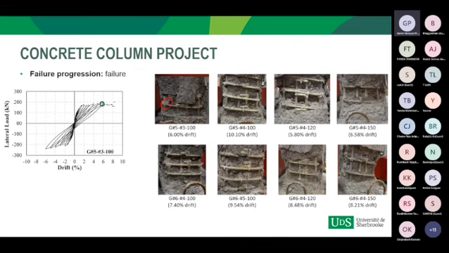As you can see, there is a loss of the lateral load, and this part also shows the failure of the longitudinal GFRP bars. That's why we are losing the loads here. The constant axial load we applied, 20% of the concrete strength times the cross section area of the column, also decreased suddenly because of the failure of the longitudinal GFRP bars. In all the columns, you can see these failures here.